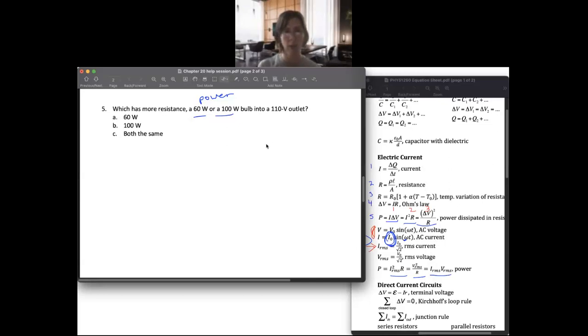What's happening here is we have a light bulb that is plugged into an outlet. And for both cases, we have a 110 volt outlet. We can think of it as a battery, even though an outlet is actually alternating, but that's the voltage that we're getting.